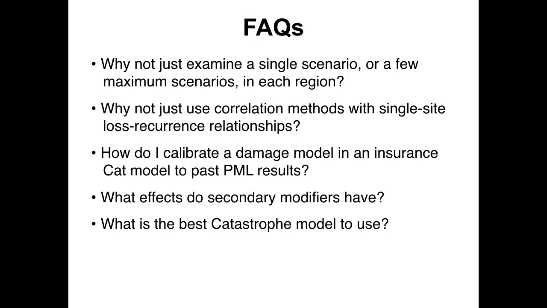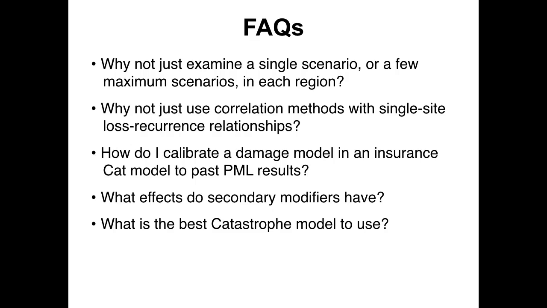How do I calibrate a damage model in an insurance CAT model to any of the past PML reports and results that I may have? Of course that presents a challenge when we're using the insurance-based catastrophe models, but some of the engineering-related models provide a more direct path for that. Otherwise, we certainly want to make sure we've got the structural types correct and any of the secondary modifiers correct.